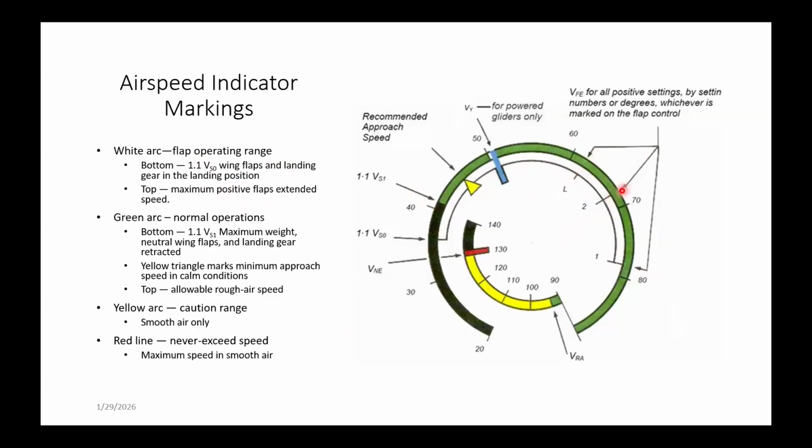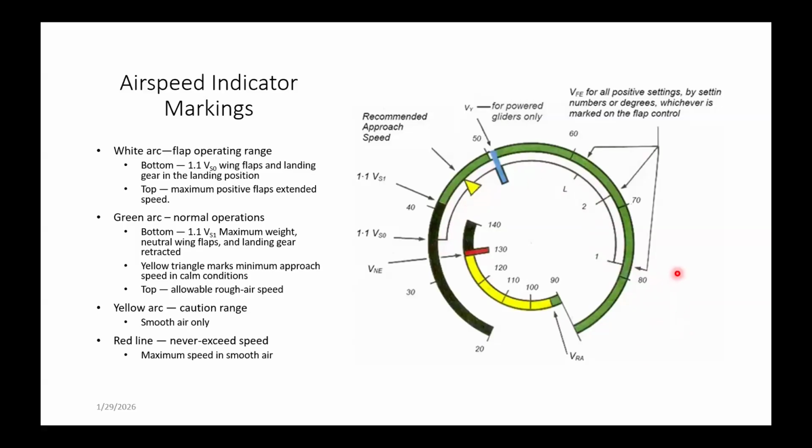And for your slightly less deployed flap, you don't want to go more than 68 knots, and you don't want to fly with positive flaps above 80 knots. Okay. Not all aircraft have their flap markings in the aircraft like that. And this is the operating range for positive flaps.